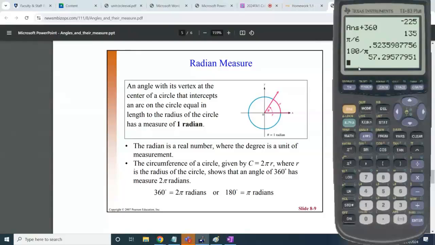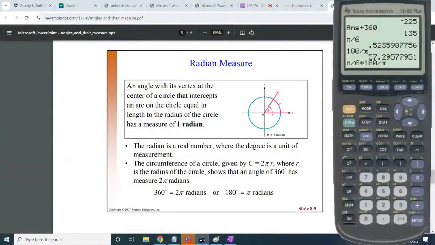So this is what I mean by that. I'm going to take pi over 6 and multiply that by 180 over pi. I know this may look funny, but I'm actually telling the calculator, give me pi over 6 radians.